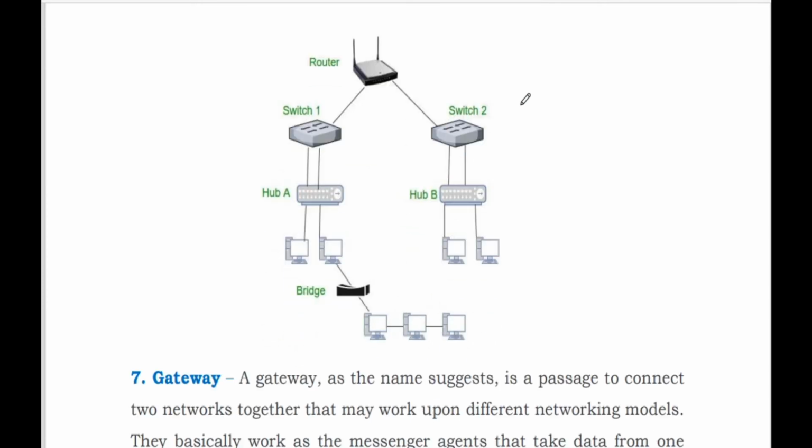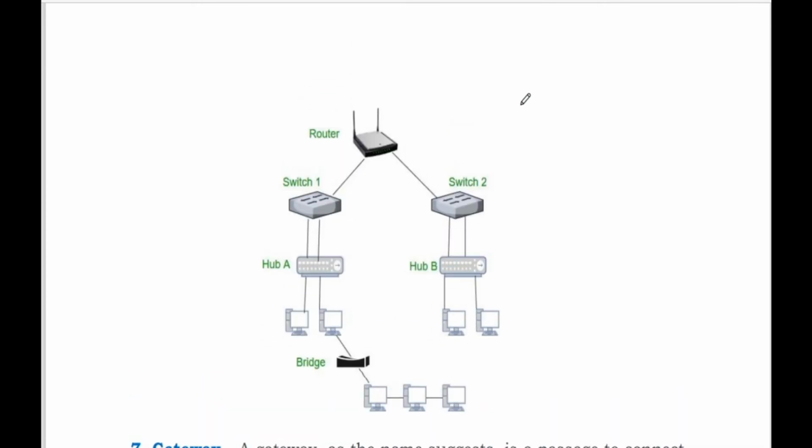So this is how the router, switches, hubs and bridges work together. Bridges connect two different networks. Hubs forward the packets or the data that is coming to them to all the computers connected.